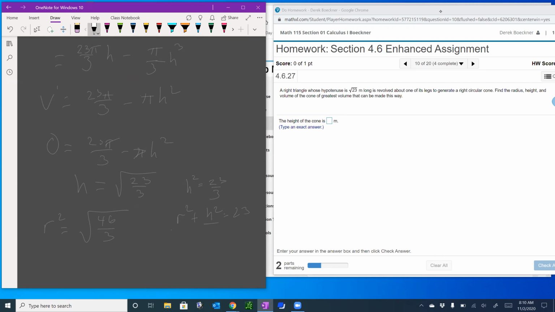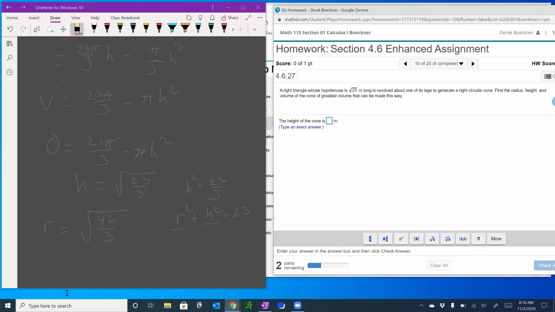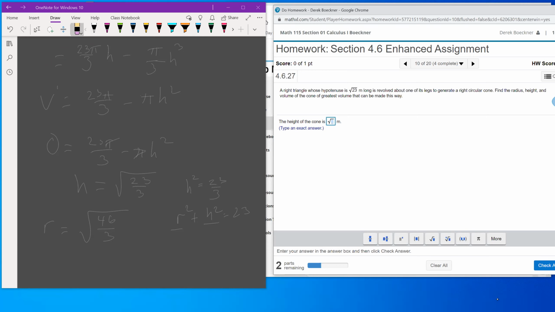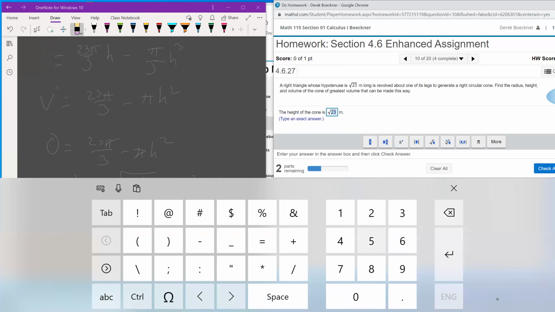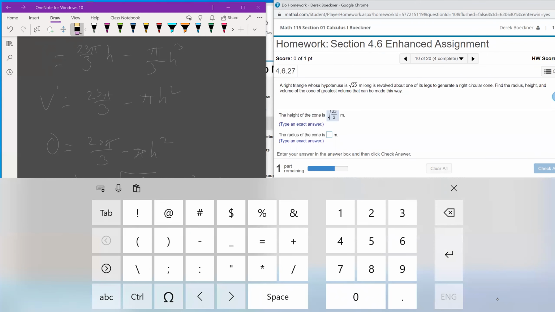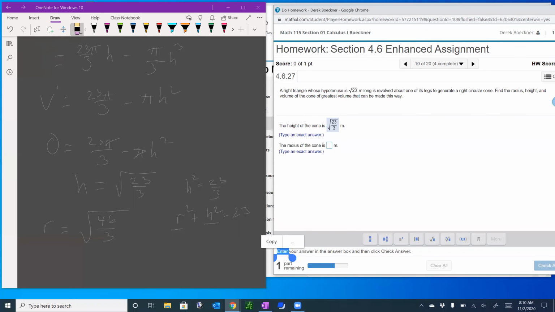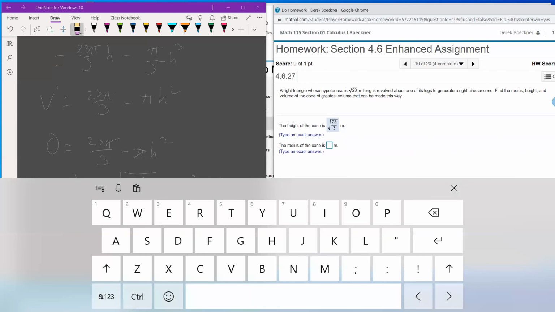So if 1/3 of it's there, 2/3 of it has to be there. That's 2/3. I'm going to square root. I don't want the squared there anymore. So there we go. Height, square root of 23 over 3. Radius, square root of 46 over 3.